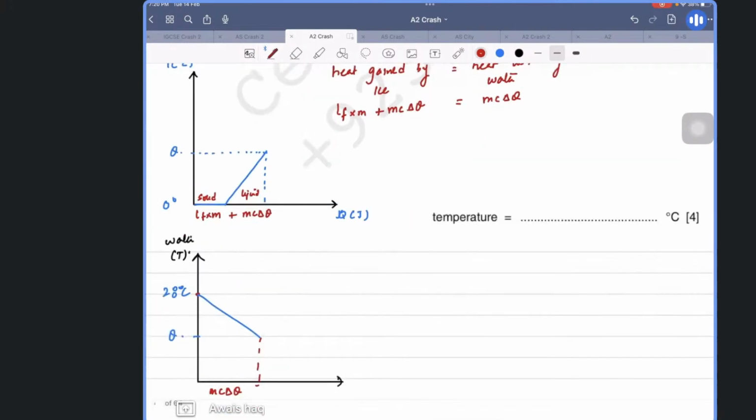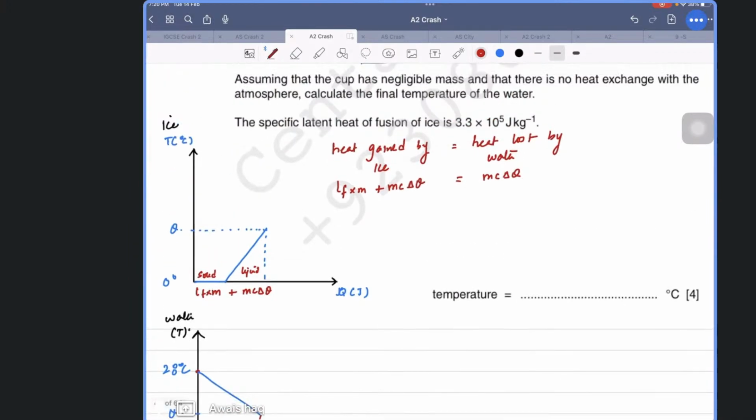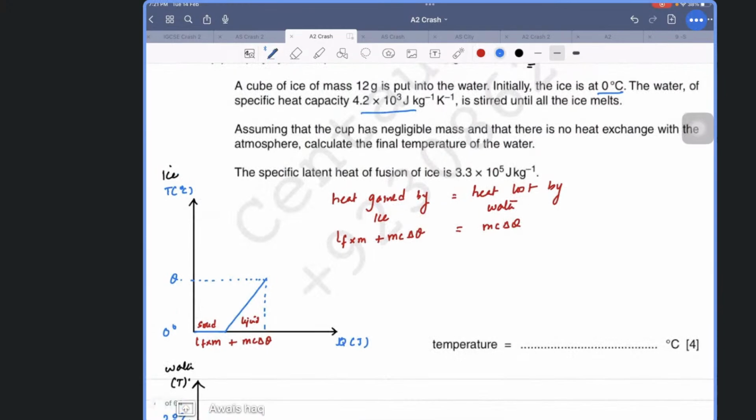Now let's put in the values and find theta. First of all, the latent heat of fusion of ice is given in joules per kilogram, so I'm going to write 3.3 times 10 to the power 5 times the mass of ice, which was only 12 grams. Because it is in kilograms, I have to change that to 12 divided by 1000.